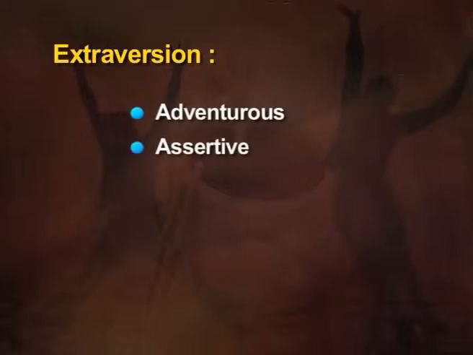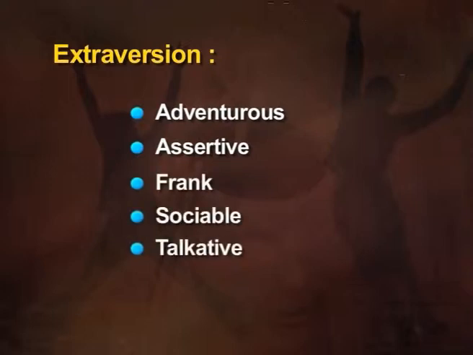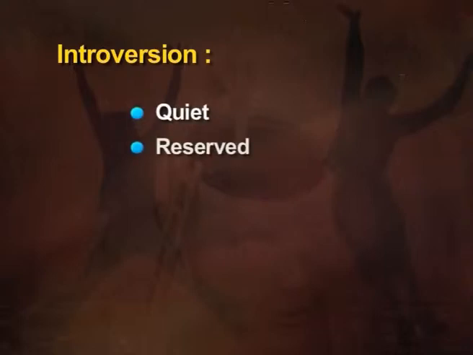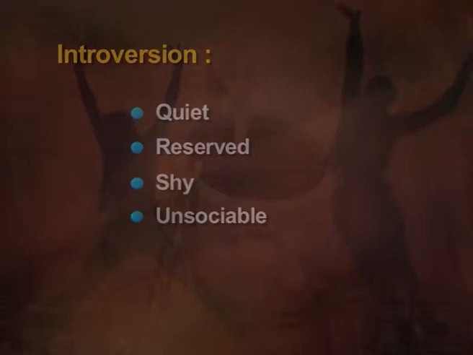Extroversion includes traits like adventurous, assertive, frank, sociable, talkative. On the introversion dimension, the traits include quiet, reserved, shy, unsociable. Another dimension in the Big Five factors is agreeableness.